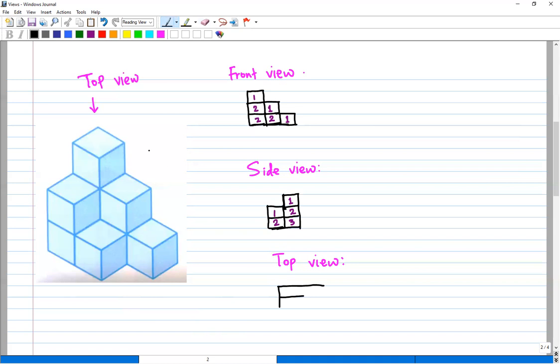And you see this column will have 3 levels. So we have 1, 2, and 3. Let me try to make it so perfect. Okay, and then this one has got 2 levels.